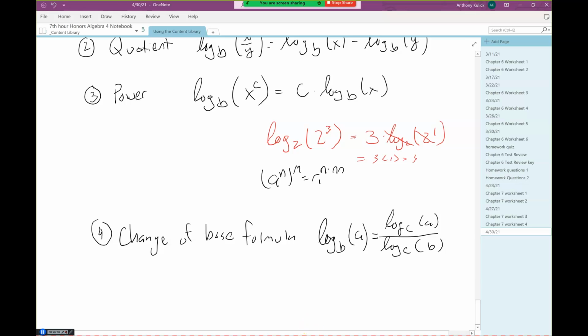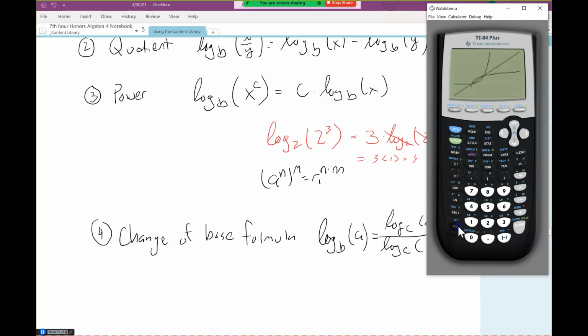So just FYI, to illustrate this, if I wanted to do log base 2 of 6, we've beaten this horse into the ground pretty good today, but it's that, which would be the same thing as log of 6 divided by log of 2.